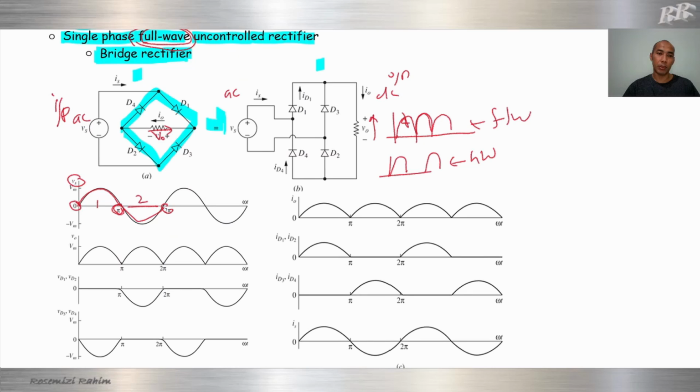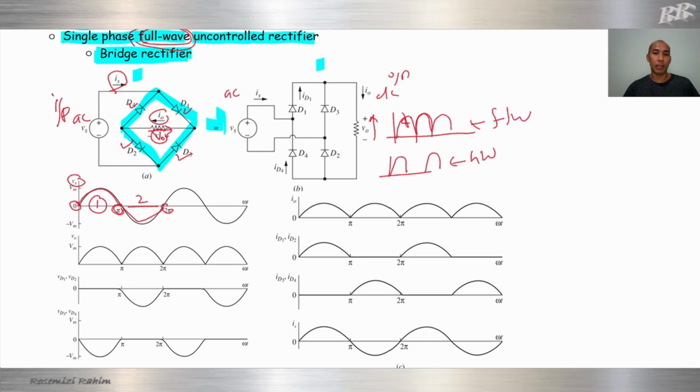That is section number 1 and section number 2. We will study the waveform of each component: D1, D2, D3, D4, the output voltage V out, the output current, and the source current. All the waveforms will be studied in this video.